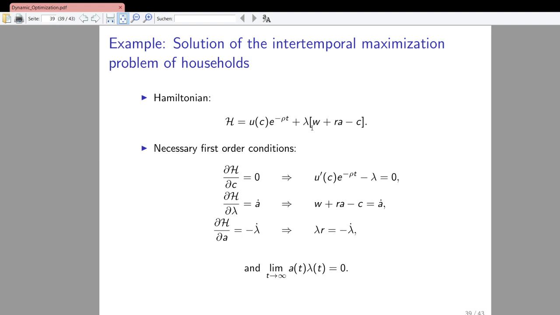I could increase overall utility by saving less, such that assets accumulate at a lower rate. And by contrast, if the converse holds true, I could increase lifetime utility by saving more. So that's the interpretation of the third first-order condition as we had it before, but again in the context of asset accumulation. And the transversality condition has to be fulfilled as always.